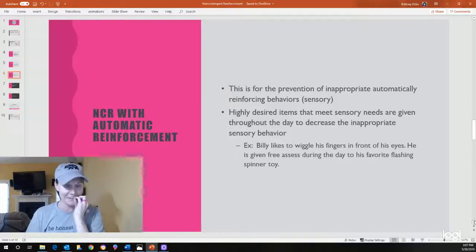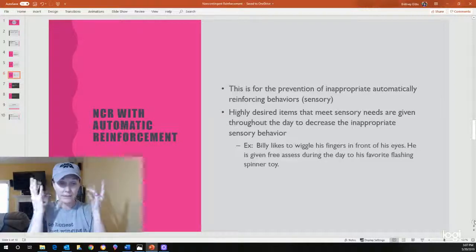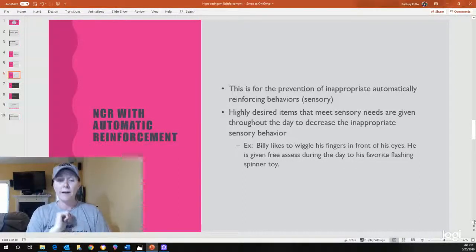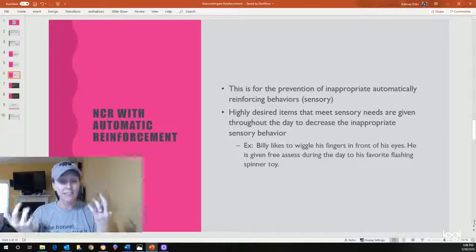Sometimes people chew their nails because they just like to do it. Some people drum their fingers, tap their foot. Kids rock. A lot of kids like to wave their fingers in front of their eyes or on the sides. So the hope is we can give them something that meets that sensory need, non-contingently enough that they won't need to, as some people call it, stem.